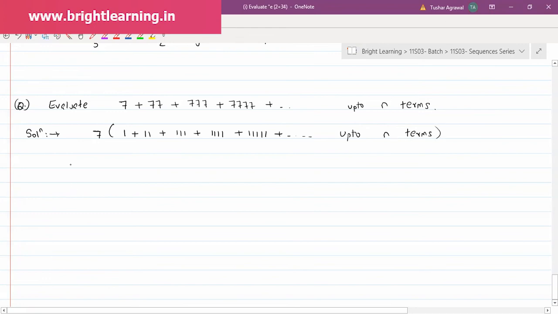Now this is equal to 7 times (1 plus 11 plus 111 plus 1111 and so on). This is still not a geometric progression. So what I will do is divide by 9 outside the bracket, and inside the bracket I multiply by 9.